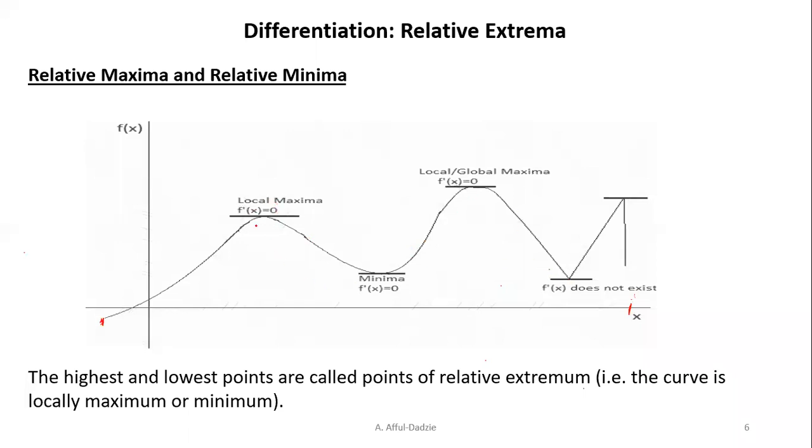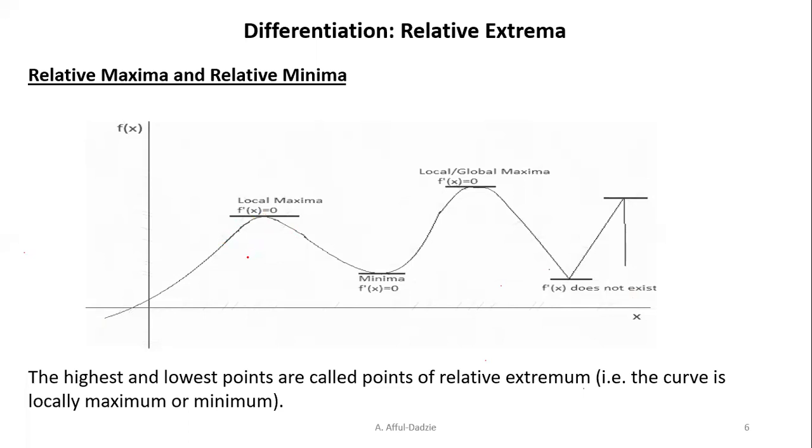If we take this graph here, all high points are potential candidates of a maximum point. Now, when you have a high point, at the peak of the curve, the turning point, the rate of change at that point is 0. This is proven in physics.